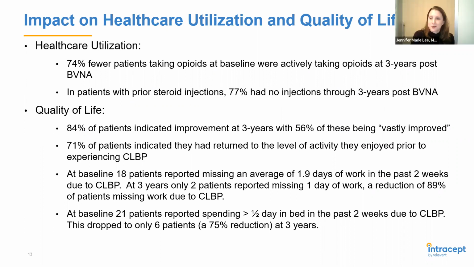Other important measures to look at, in addition to functionality, which is a delightful conversation to have with your patients as opposed to VAS scores: with the Intracept procedure, we see an improvement in healthcare utilization. We see a significant improvement in opioid use 3 years post ablation. We also see that patients are requiring fewer interventions, or are presenting to the office for fewer interventions.